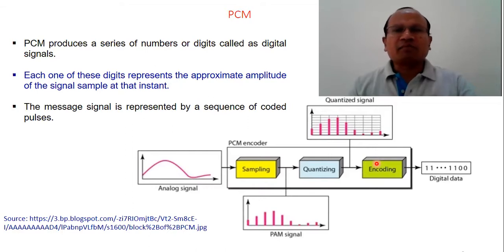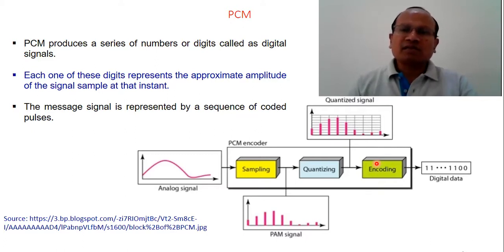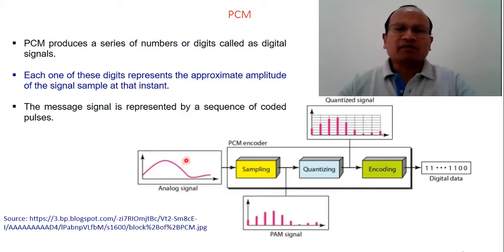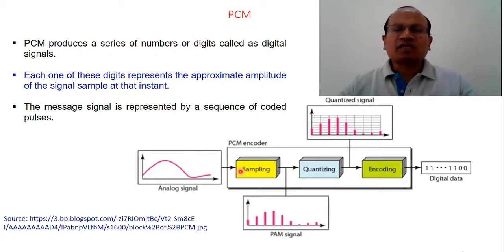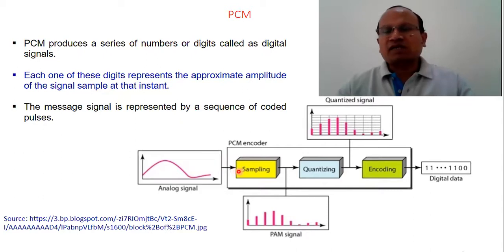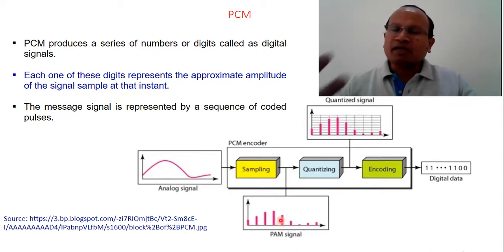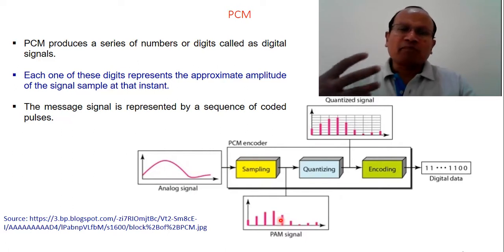PCM is an important method of modulation in which there are three important stages: sampling, quantization, and encoding. As you can see in this picture, sampling accepts the analog input, the message signal which we want to encode, the signal which we want to modulate. It is subjected to a sampler, which converts your signal into sampled output, which is also PAM output, pulse amplitude modulated output.